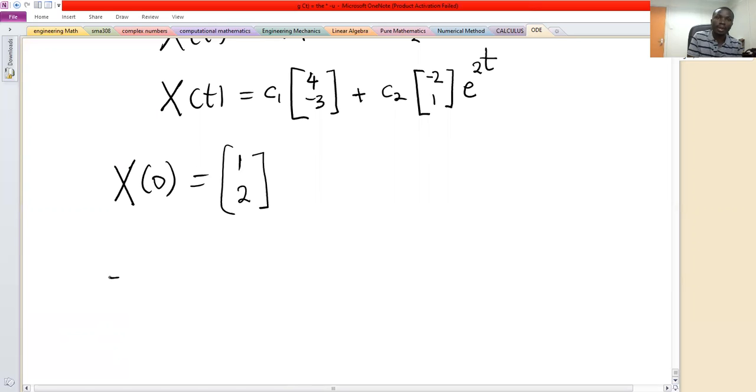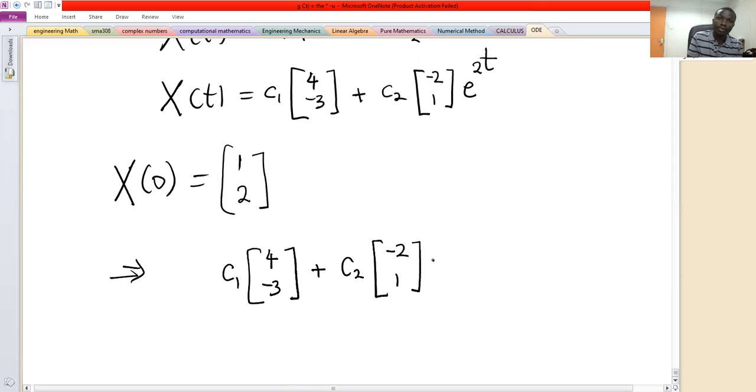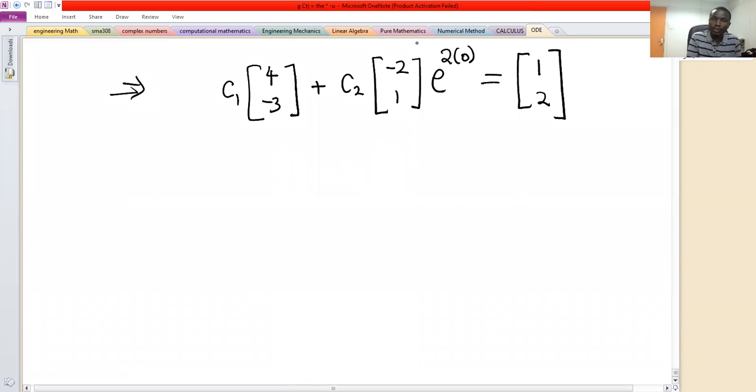So this implies C1 times 4, minus 3, plus C2 times minus 2, 1, where t you put 0 should give us 1, 2. So then 2 times 0 is 0, so e raised power 0 is 1.